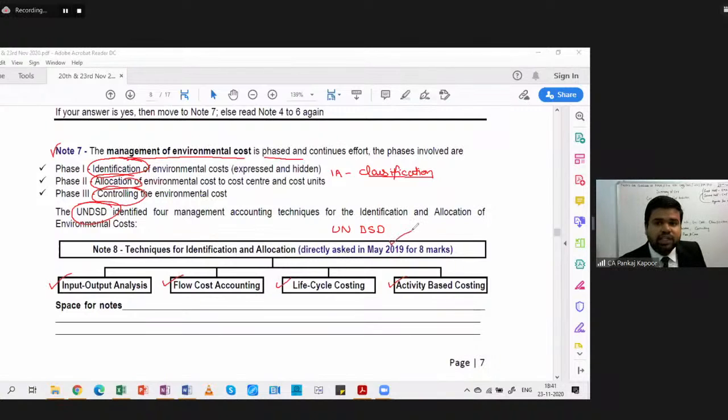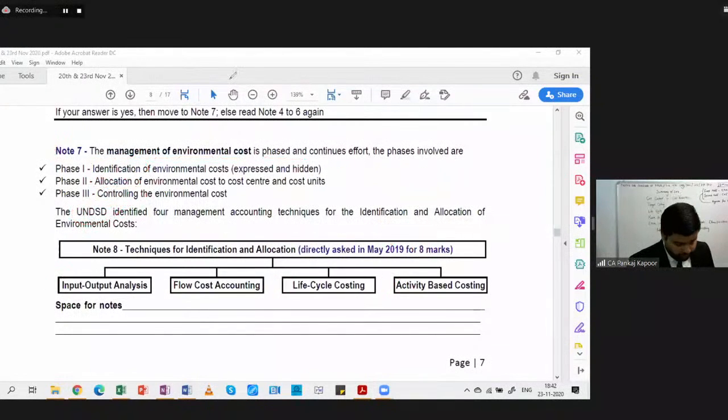In the May 29 exam, these 4 methods were asked for 8 marks as a straightforward question, that you need to tell the 4 techniques which can be used to identify and allocate the environment related cost. So we are going to spend 15 odd minutes on this. Please try to learn these 4 methods very sincerely along with me. If you feel any doubt, please ask at the moment itself.